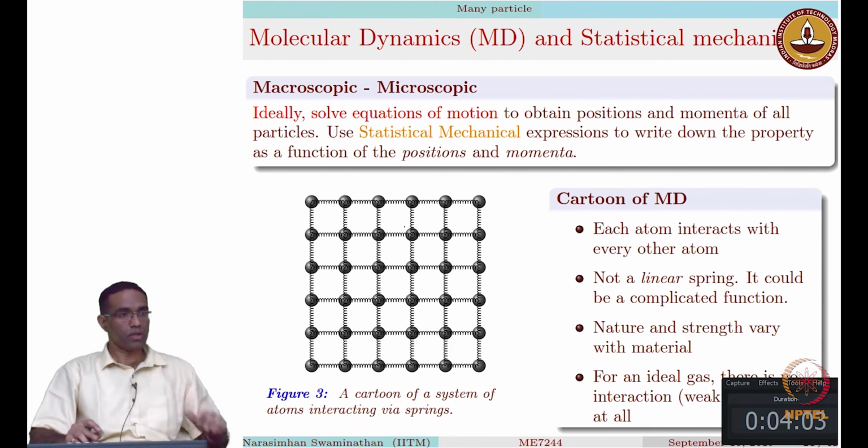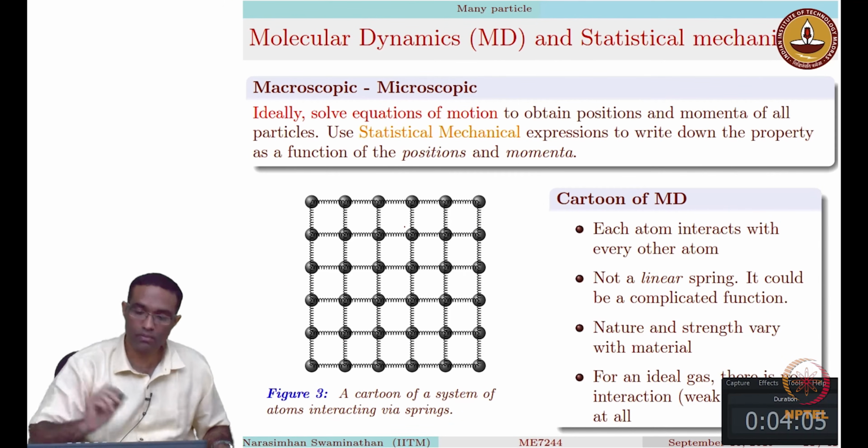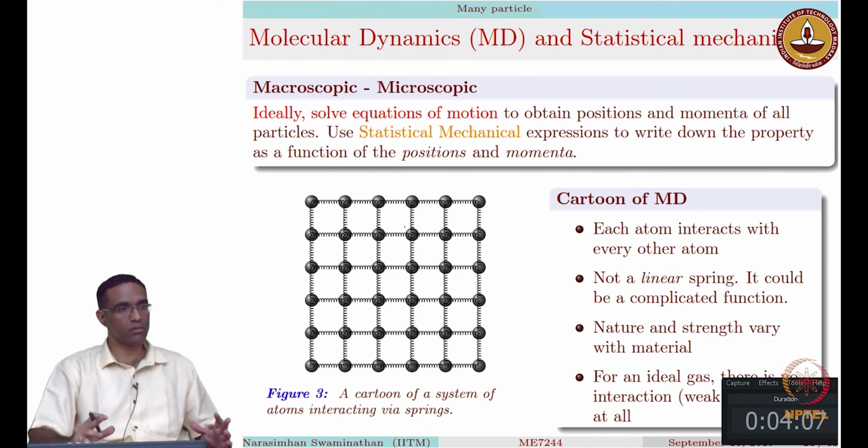You consider a system like that, where you have a very large number of atoms, and all of them are interacting with each other through some sort of nonlinear springs. So at a finite temperature, each of these atoms is going to be vibrating about its mean position, right?